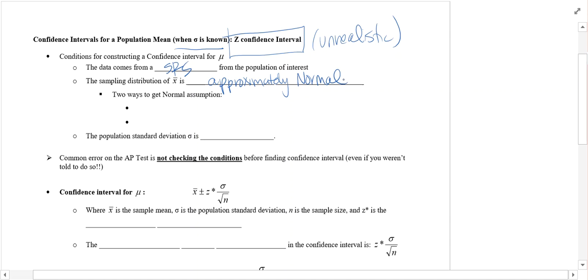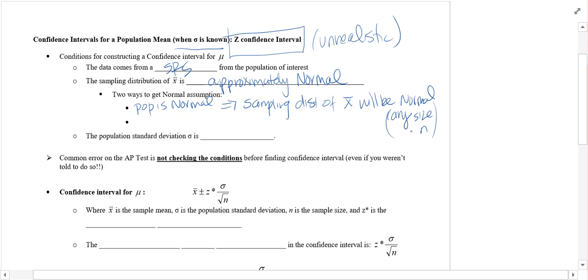Okay, and just like we saw last chapter, we have two ways to get our normal assumption. First is that it's given that the population is normal. So therefore, our sampling distribution of X bar will be normal. And this is for any sample size, any size n.